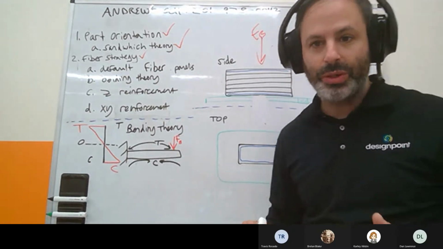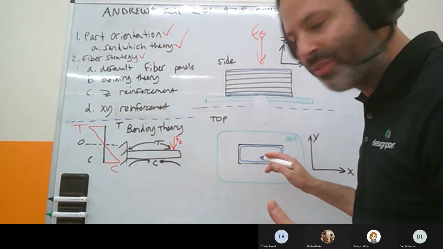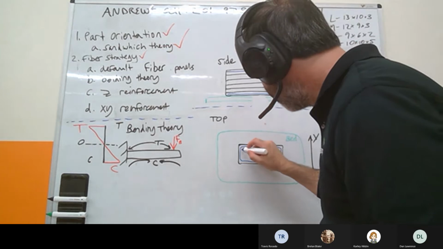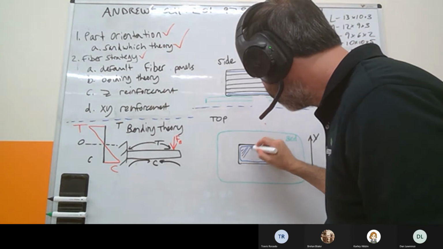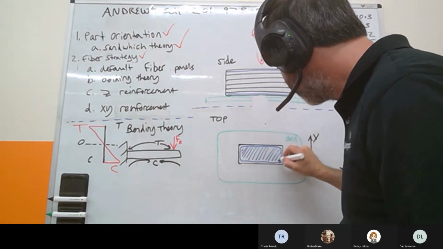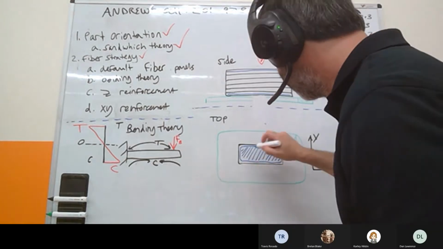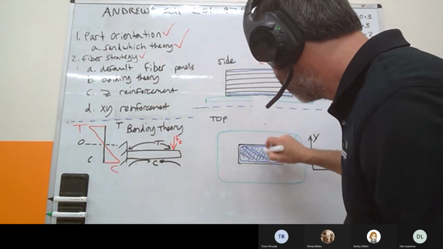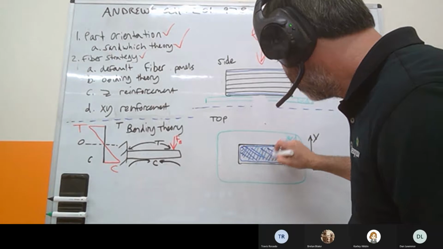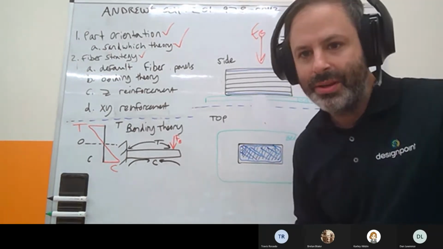And then you have what's called isotropic fiber, which has the perimeter fiber, but then it fills in the middle. And then on every layer, it actually cross-hatches the fiber. So you get a pattern like that.